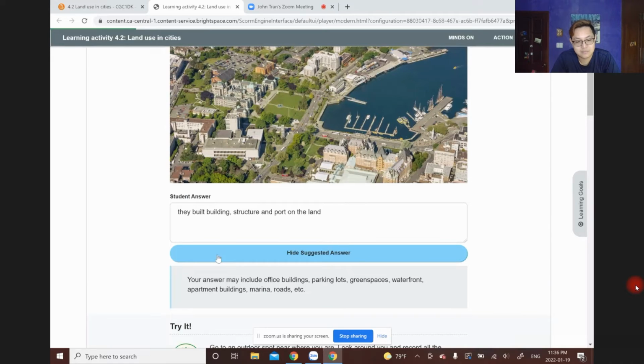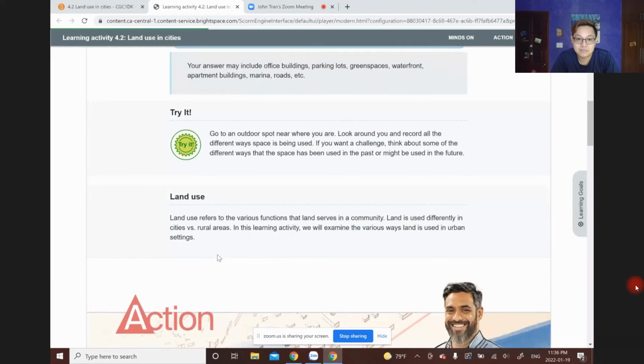Office building, parking lot, green space, waterfront, apartment building, marina, road, etcetera.